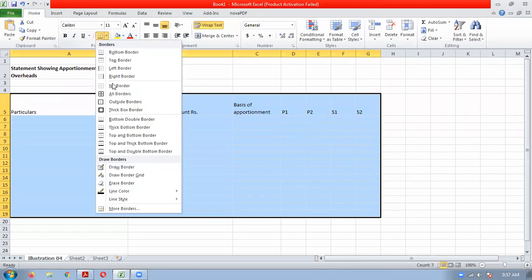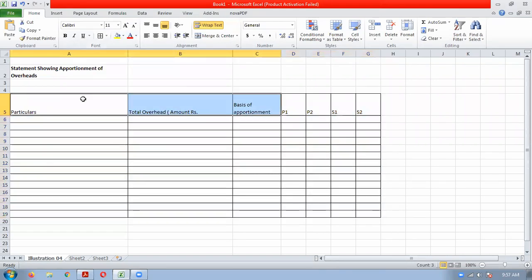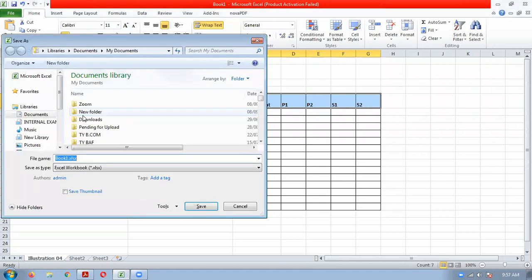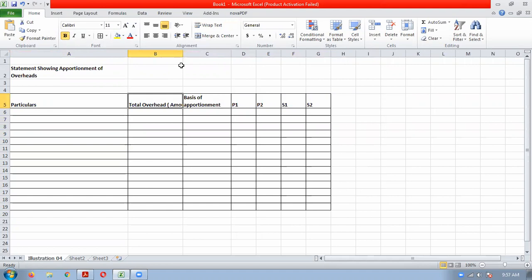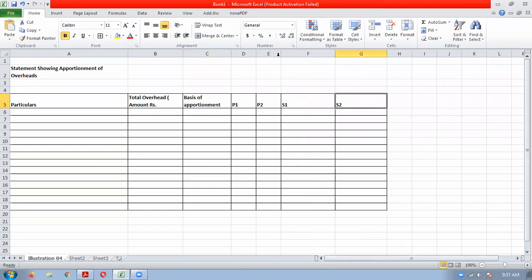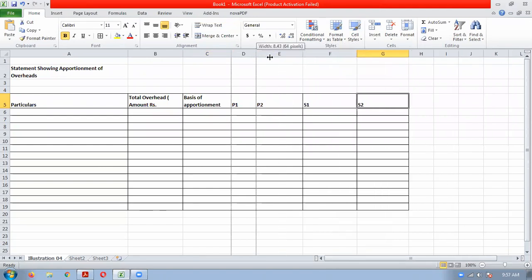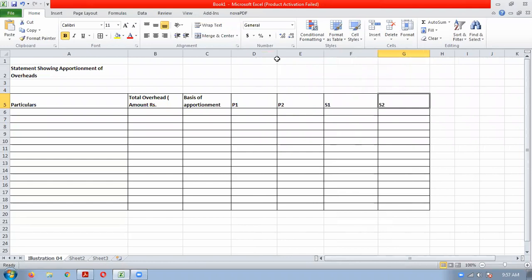So before that, everybody make the format. Keep particulars, total amount of overheads, basis of apportionment, departments P1, P2, S1, S2. So everybody quickly make the format, then we can start.